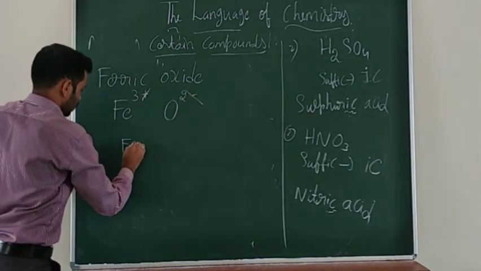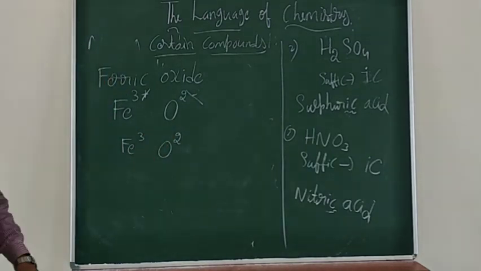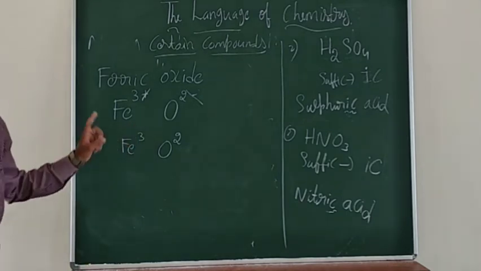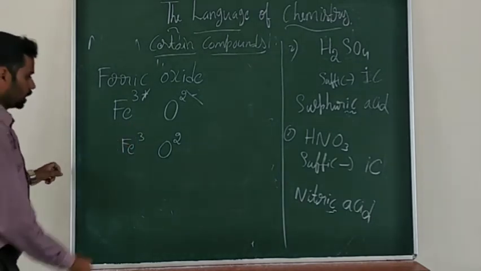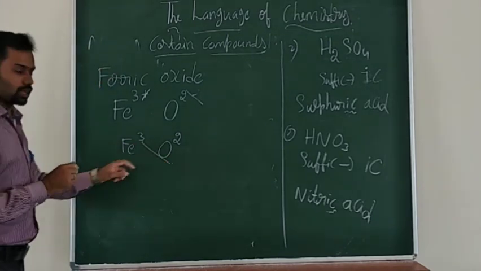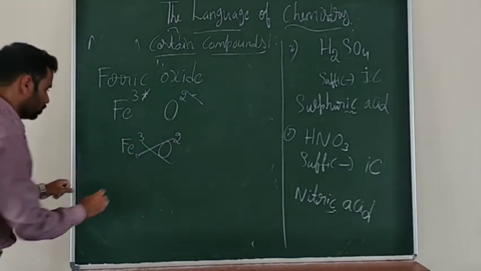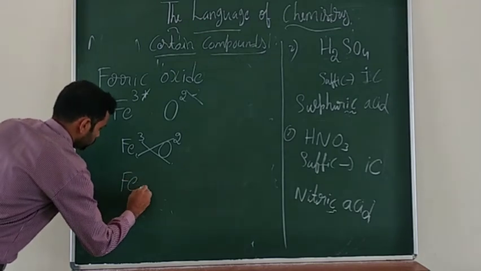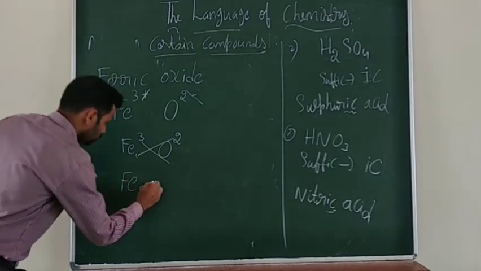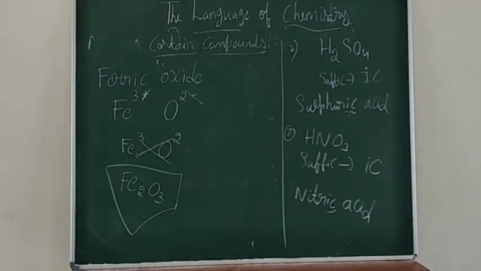Next step, cross multiplication of their valencies. The valency of iron goes to the below right of oxygen, and the valency of oxygen comes to the below right of iron. Now you can write the formula Fe2O3. This is how to write the chemical formula of ferric oxide.